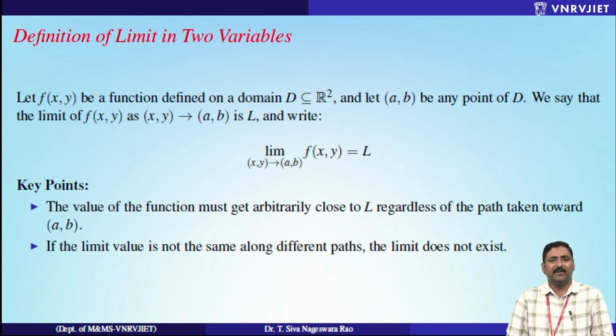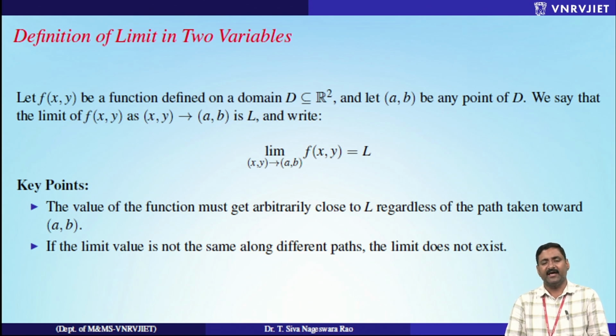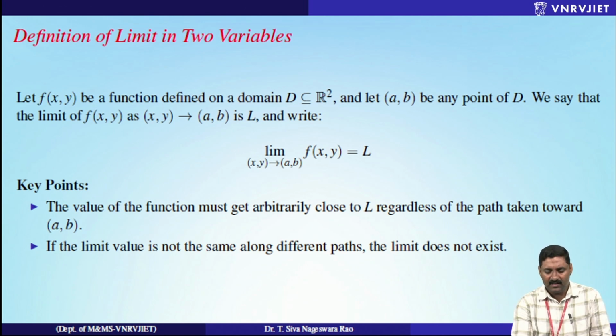Now I am going to explain the concept of limit in view of a function involving two variables. In your lower classes, you are already familiar with the concept of limit for a given function involving a single variable, like limit as x tends to a of f of x.